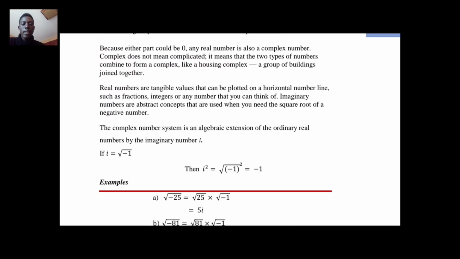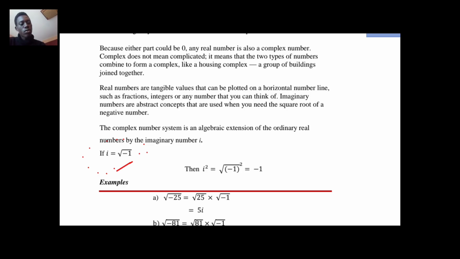A complex number is an algebraic extension of ordinary real numbers by imaginary numbers. So here we know i is equal to the square root of negative 1.